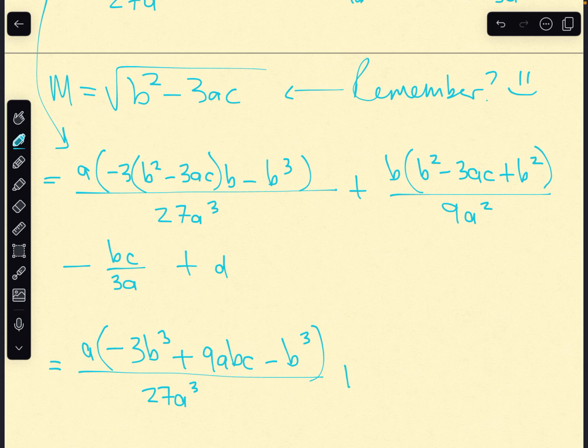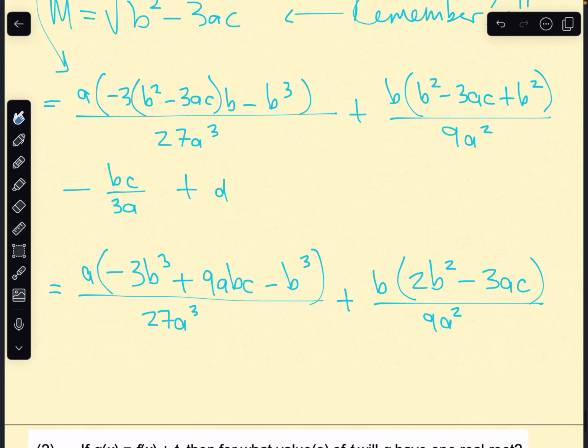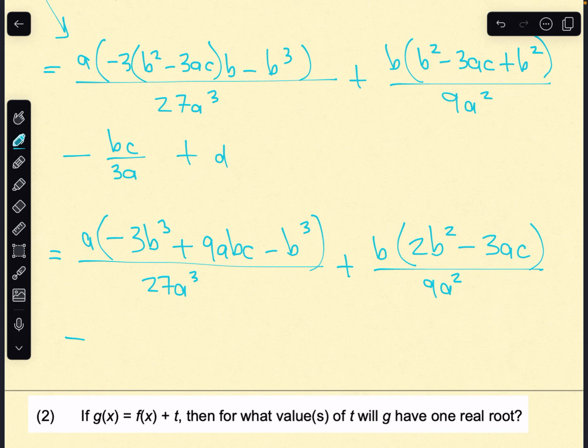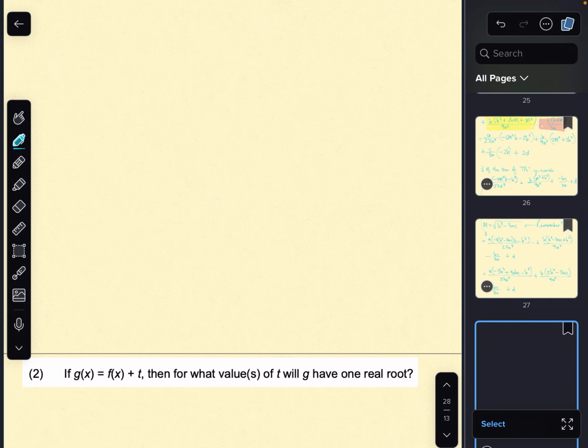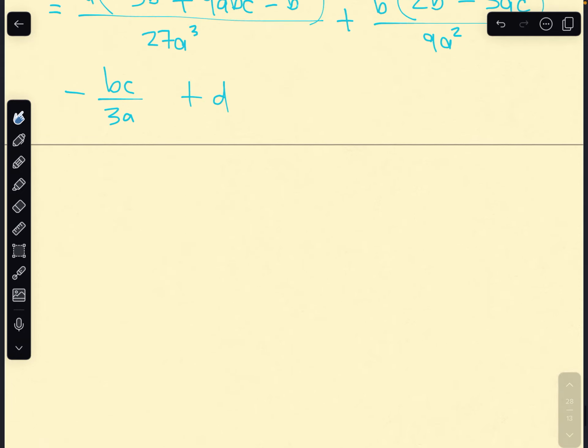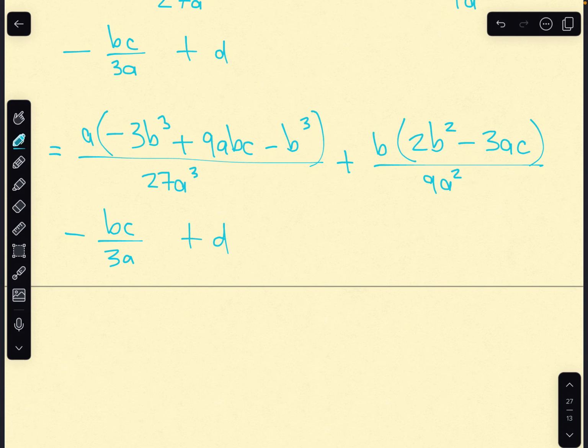Okay, and this will be b times 2b squared minus 3ac over 9a squared. And then these other terms are just out here living their simple life, waiting for this chaos to end. I shouldn't say this is the last page I'm adding, because clearly my ginormous handwriting is not doing me any favors.